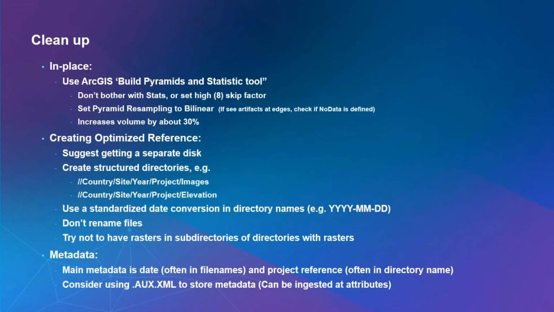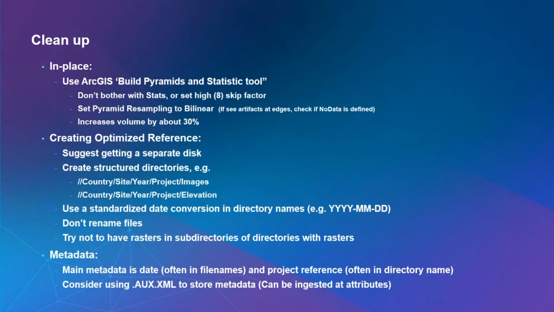Don't rename the files, and try not to have rasters in subdirectories of directories with rasters. In other words, don't have a bunch of images and then have a subdirectory in that which has got more imagery in it. That actually makes things harder to maintain. Also, look at the metadata. There is no good metadata standard. Many organizations have their own way of maintaining it.